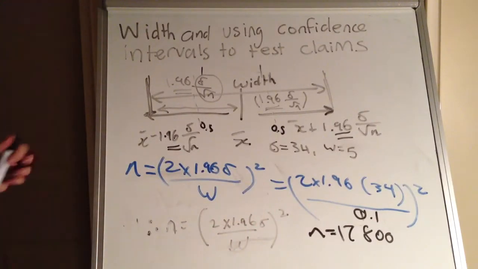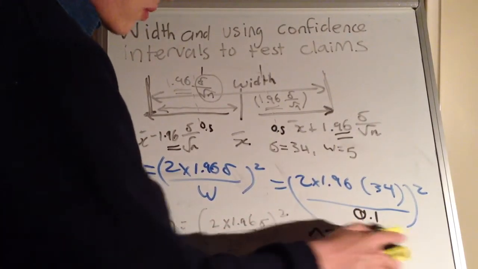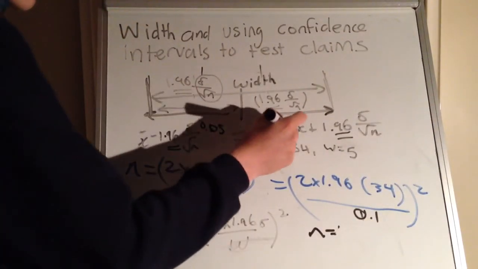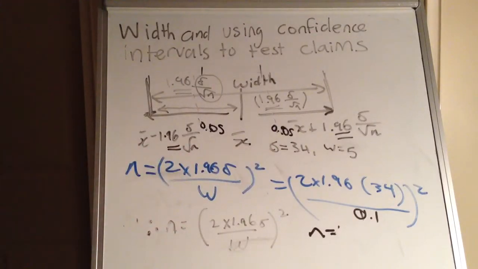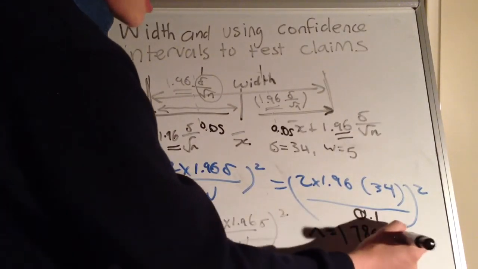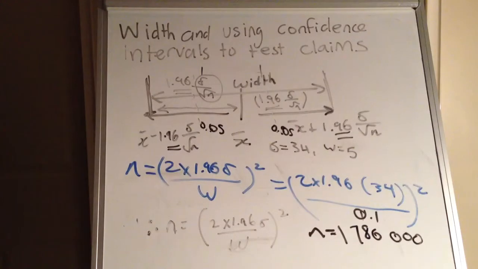You should get an even larger n value, because of course with 0.1 you're looking at 0.05 and 0.05 either side for the width, and you get quite a high value of people you'd need to survey, or how many soft drinks you'd need to take off the machine, or however many samples you need to take of whatever a sample is in context, but it's 1,780,000 when rounded appropriately to the correct number of significant figures, based on what the question generally asks in mathematics.